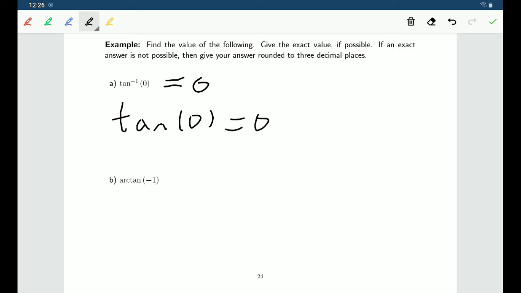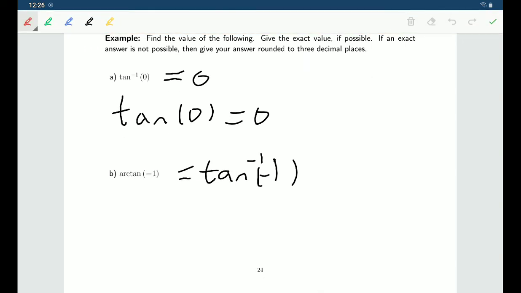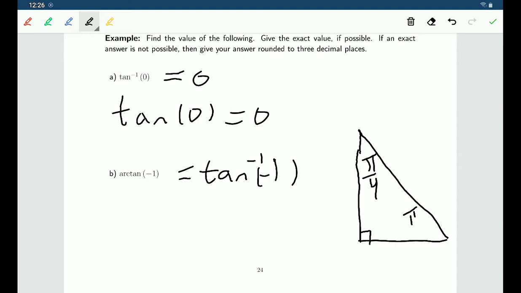Arctan of -1, or in other words, tangent inverse of -1. So this is where we'll need to do a little bit of remembering that number we've seen before, showing up when we evaluated an angle in one of our special triangles, specifically the 90, 45, 45 triangle. So when we have the angles pi over 4, pi over 4, and pi over 2, the side lengths were 1, 1, and root 2. And we'll remember then that tangent of pi over 4 should be opposite over adjacent, 1 over 1, which is 1.